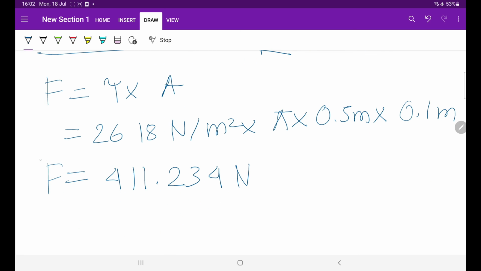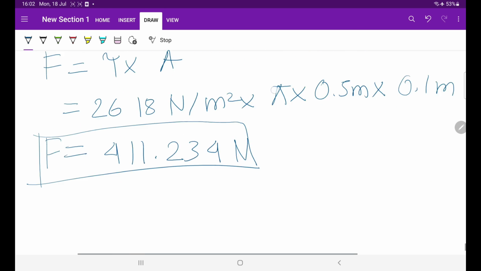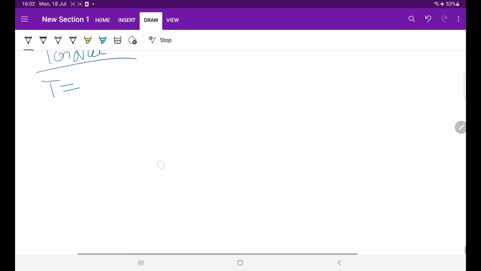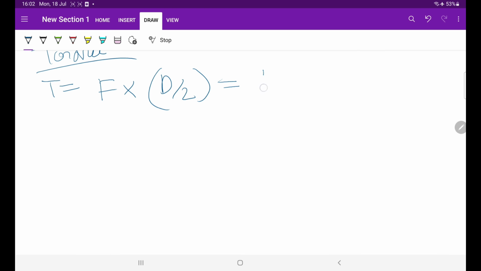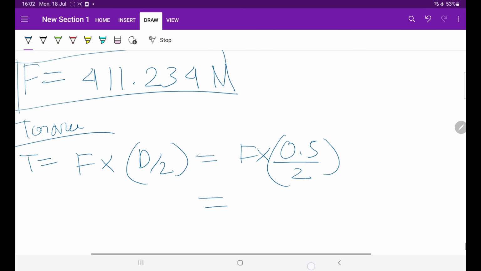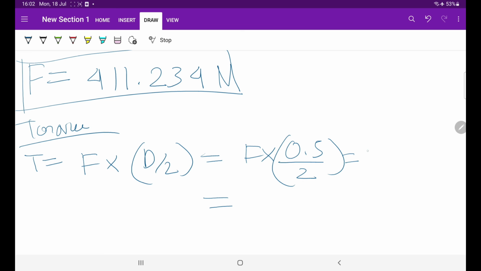Newton per meter square into meter square, this will be Newton. Now find out the torque. Torque T will be F into d by 2. So it will be F into 0.5 by 2, where F is equals to 411.234.